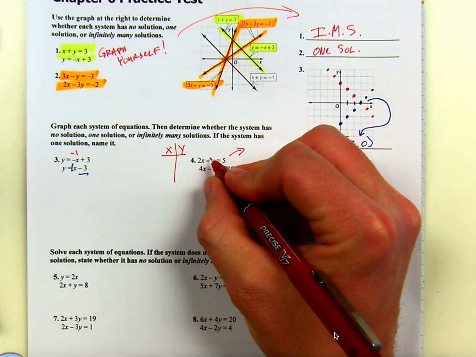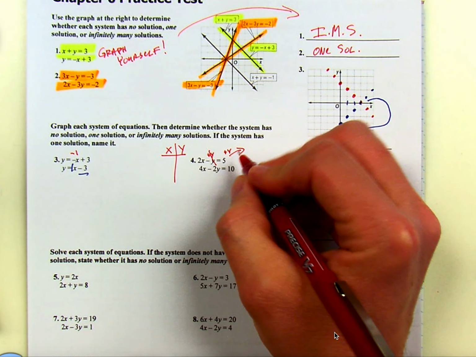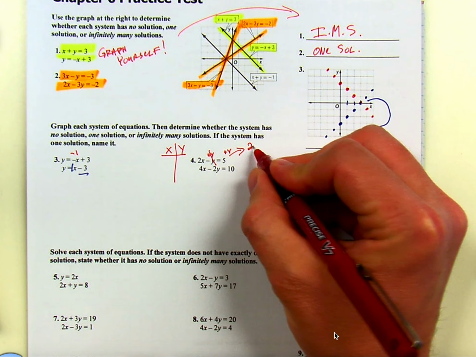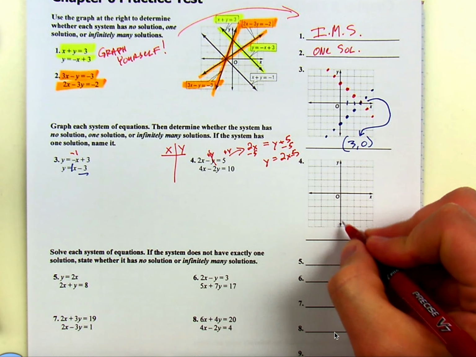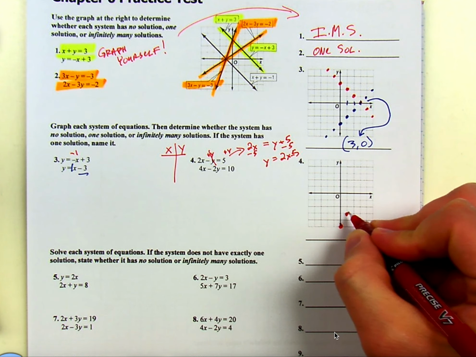So I'm going to do that by adding y to both sides. Then I would get 2x equals y plus 5, and then I'm going to take away 5. And basically, I'm going to have y equals 2x minus 5. All right, you got the idea.